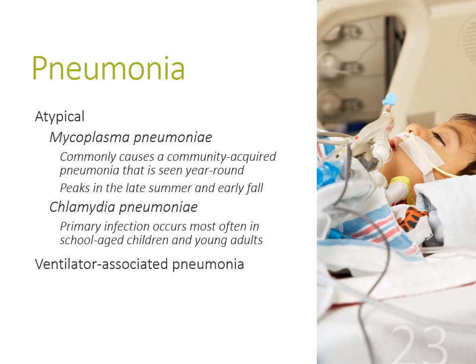Another atypical pneumonia is Chlamydia pneumoniae. Infected respiratory droplets most likely transmit Chlamydia pneumoniae, and primary infection occurs most often in school-aged children and young adults. However, only a small portion of patients are clinically symptomatic or have severe illness leading to death. Fever is often present early in the illness but doesn't continue, and wheezing is often heard when you listen to the chest.